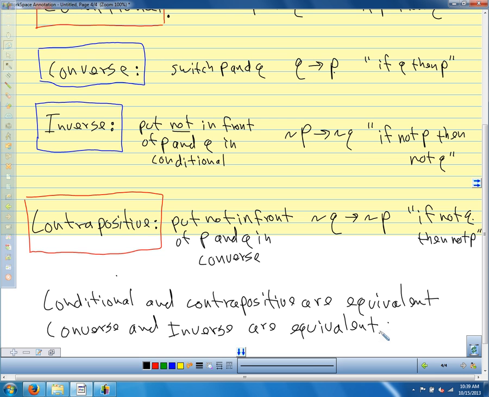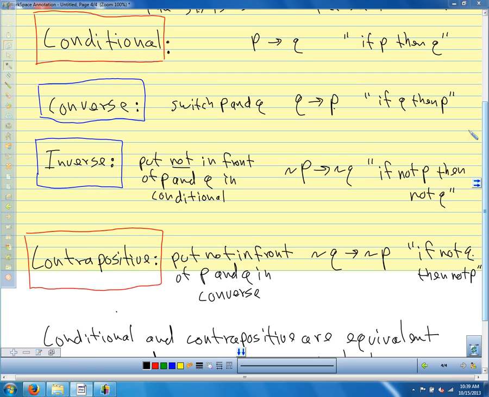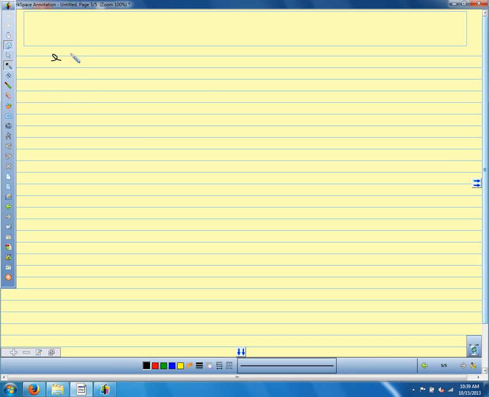So I want to do a little bit of practice with the conditional, the converse, the inverse, and the contrapositive. So we're just going to work with one conditional statement and make a converse, an inverse, and a contrapositive, and talk about whether or not they're true or false. So this is my favorite conditional.